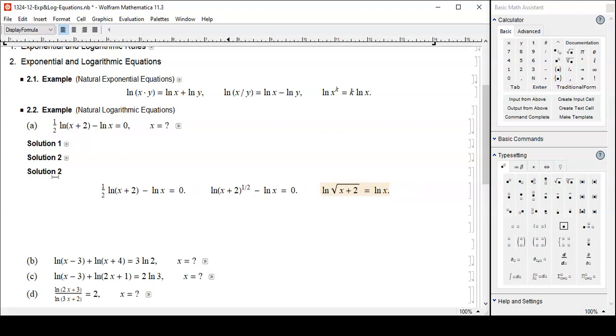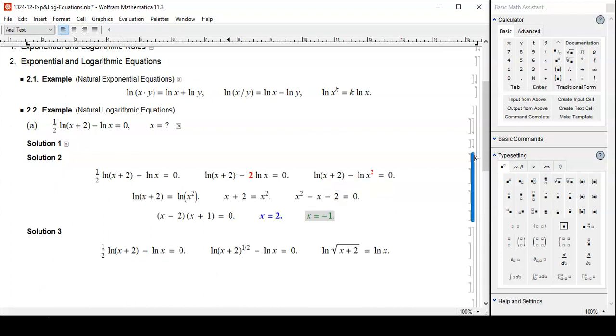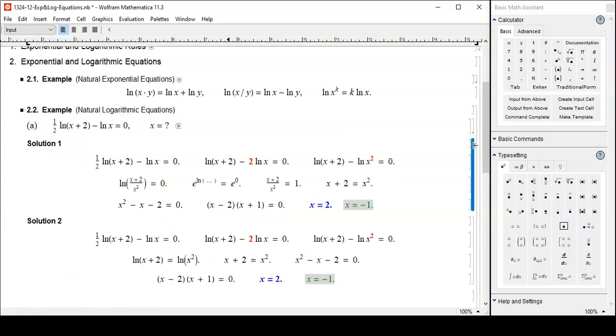But this is not the method I'd like to recommend, because we have square root expression. So you're going to get a square root equation to solve, a radical equation. It's not impossible, but if you can avoid it, why would you do it this way? So this is not the method I'd like to suggest. We have these two.